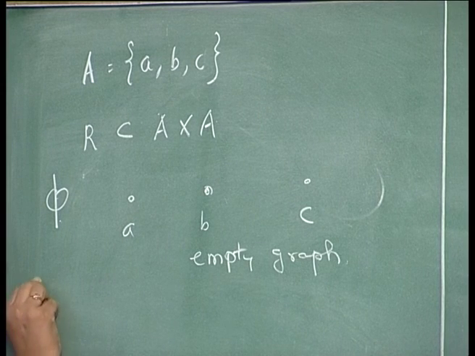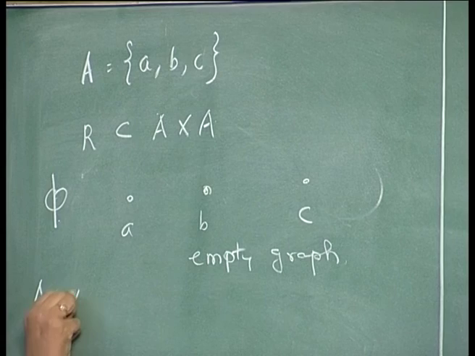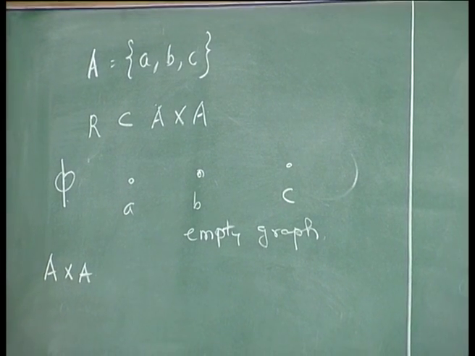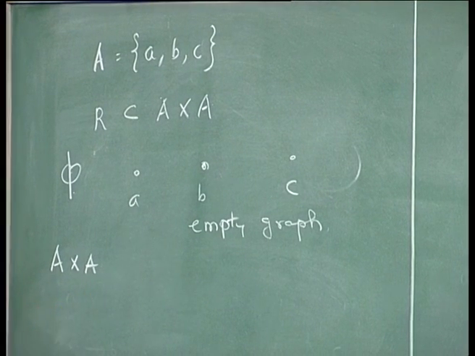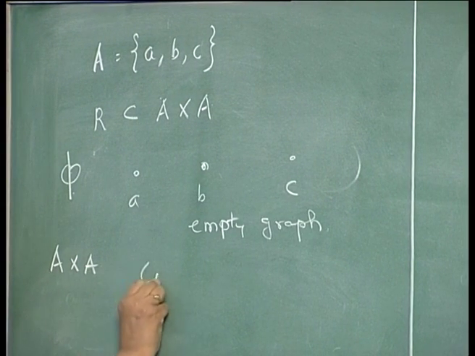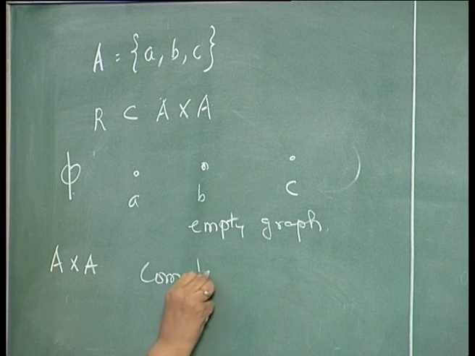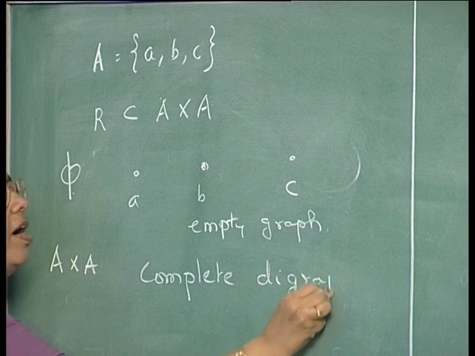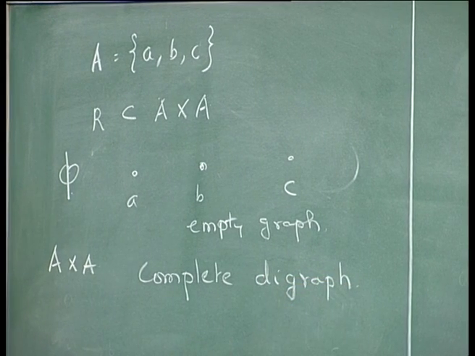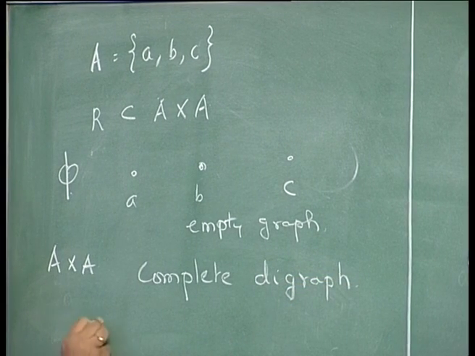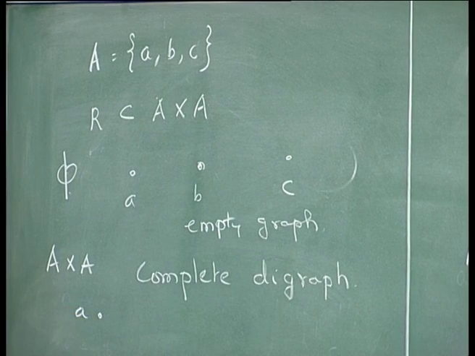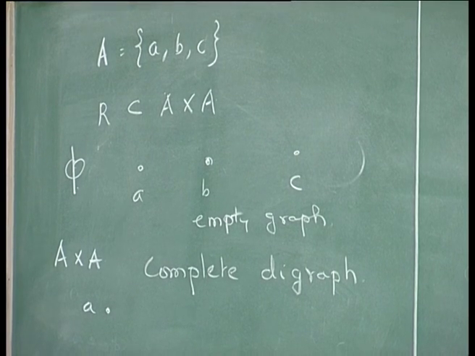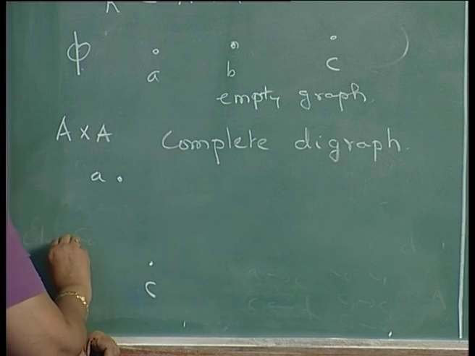The universal relation A cross A is the universal relation. The graph representing the universal relation A cross A is called a complete digraph. All ordered pairs are present there. For example, when you take A, B, C, all edges connecting any A to any B should be present there.